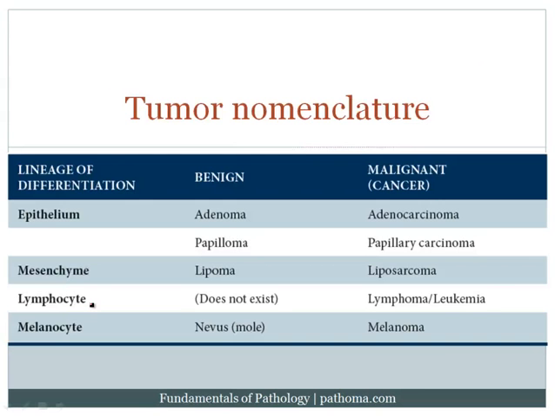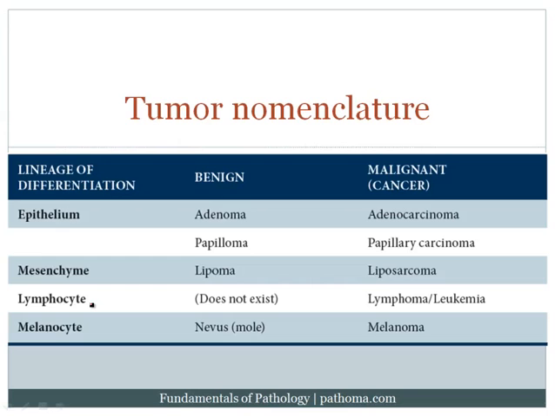Now if we go a step further, given that we understand that tumors can be benign or malignant, we should then understand that tumors will have particular lineages of differentiation. And the way I think about this is, you've got four major tissues within the body. You've got epithelium, which are the cells that line the surface of the body.